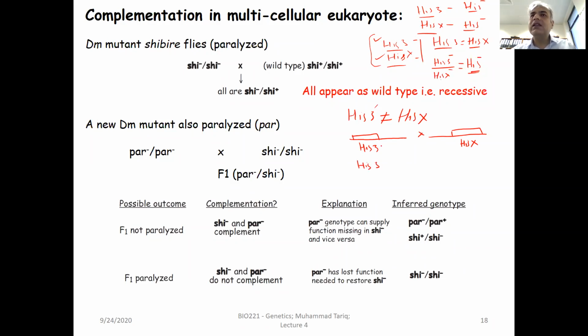His 3 mutant copy will come from this one, but the wild type copy of his 3 will be provided by this mutant gamete, the haploid. We will call this his 3 plus, this is minus, and let's put a semicolon to show different chromosomes. This mutant is providing the wild type copy of his X, and this one has his X minus. What will be the phenotype of this diploid now? Will it be his minus or his plus?